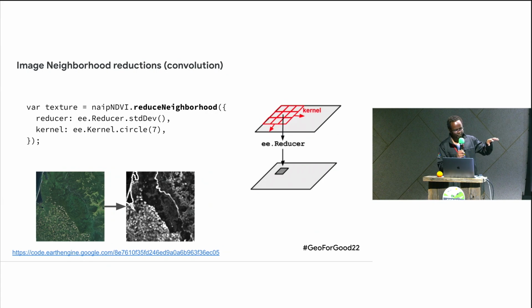And then the window size and shape is specified by the ee.Kernel. So in this code snippet here, we're computing the standard deviation, and the kernel is a circle of pixel size 7. So at each pixel, we look at the neighboring pixel and compute the standard deviation as that point there.